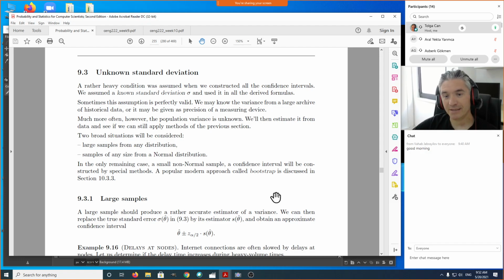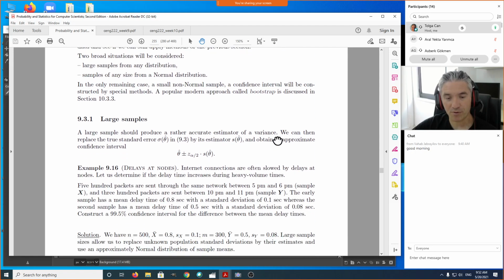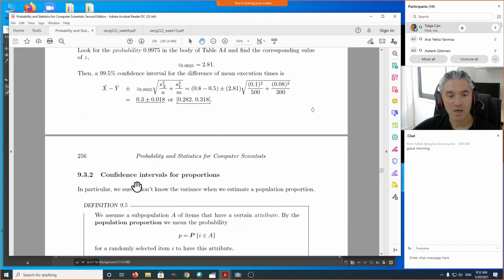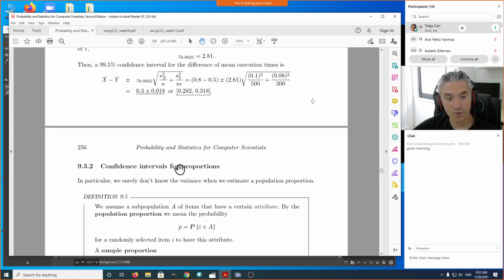In that sense, the sample mean of those 0s and 1s will be a good estimate for the population proportion, what proportion of the population satisfies that condition, is a member of that event. So that's called confidence intervals for proportions.